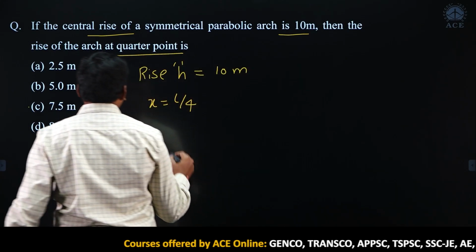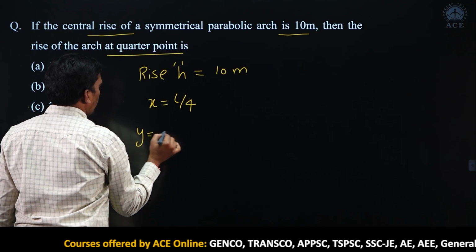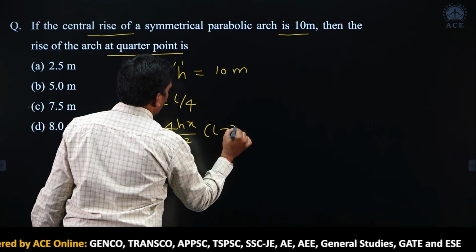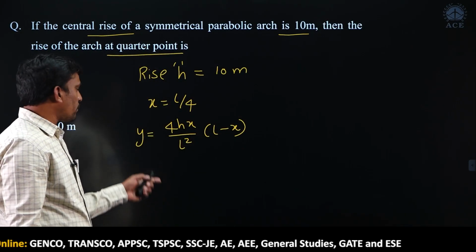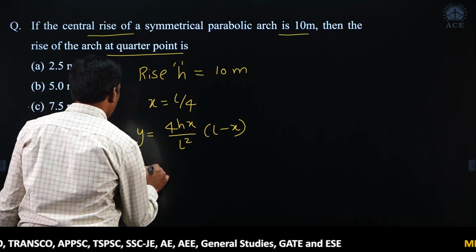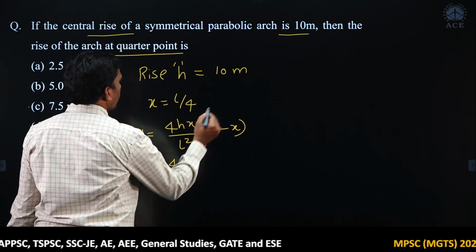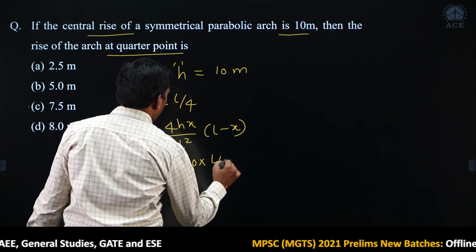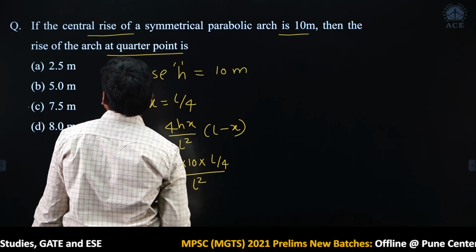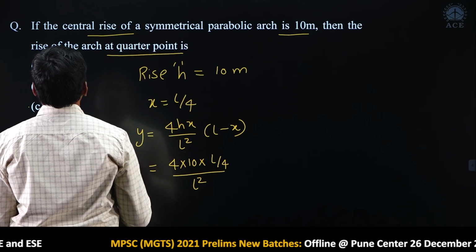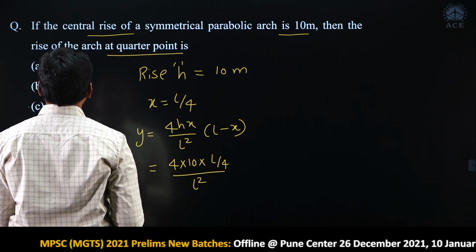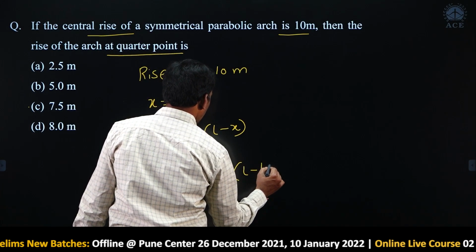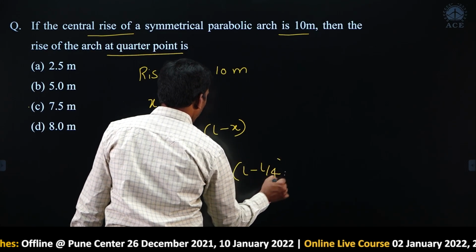For a parabolic arch, the given formula is 4hx by L square into (L minus x). Here 4 into h, the central rise, is 10 meter, and x is L by 4, divided by L square, where L is the span, then L minus L by 4.